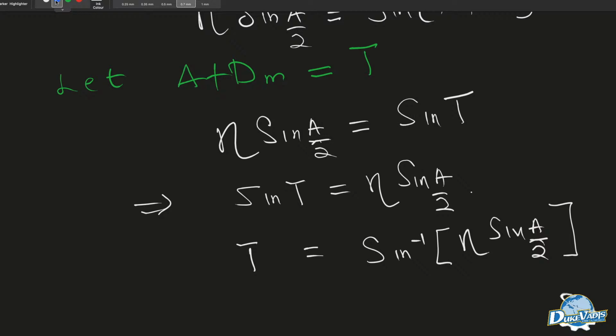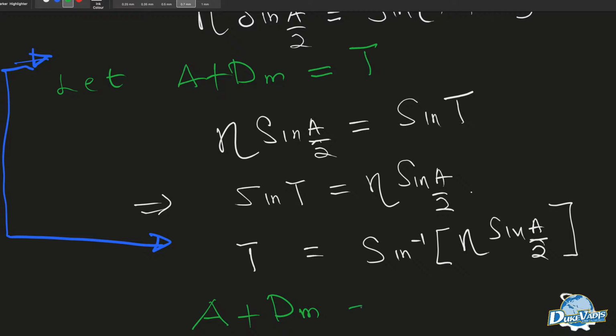Okay, so now look at it. So this and that. All we are going to do is to substitute this back into the equation. In place of T, since we know T is there, A plus D subscript M is equal to that.